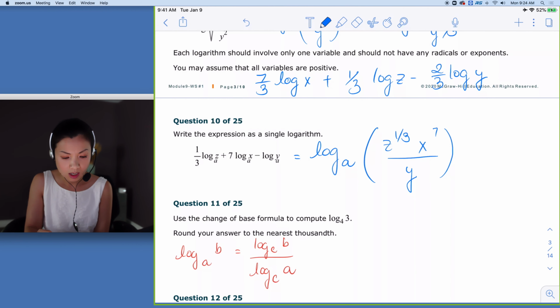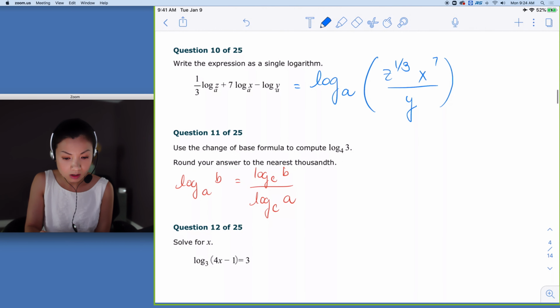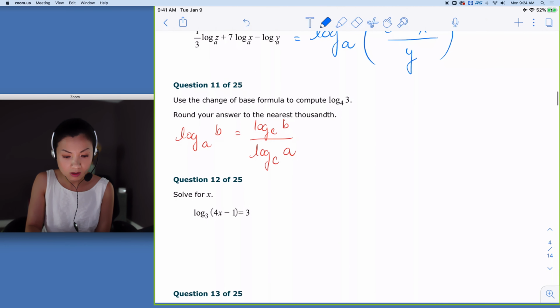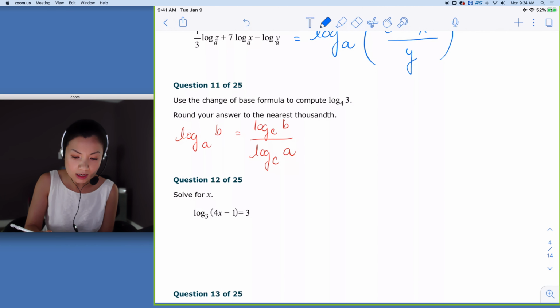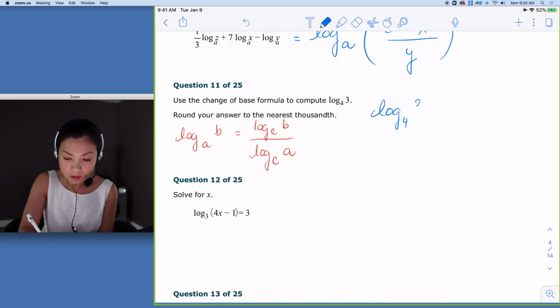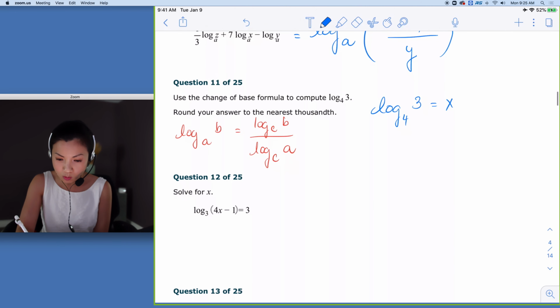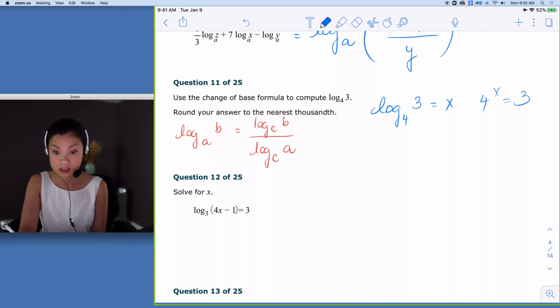Okay. Now for number 11, notice that if I have log base 4 of 3 and I want to find the exponent, we want to rewrite, right? So 4 to the x power equals 3. There's no way I can find that exponent by hand.